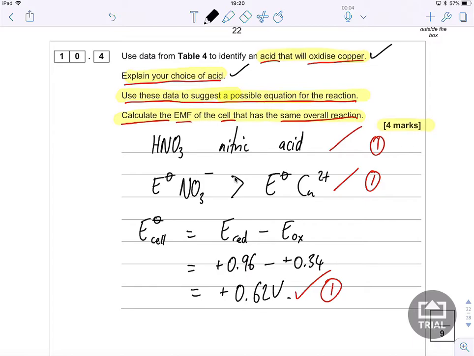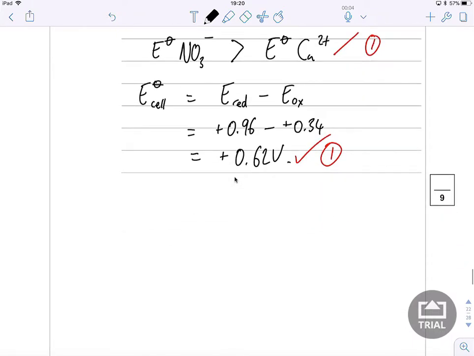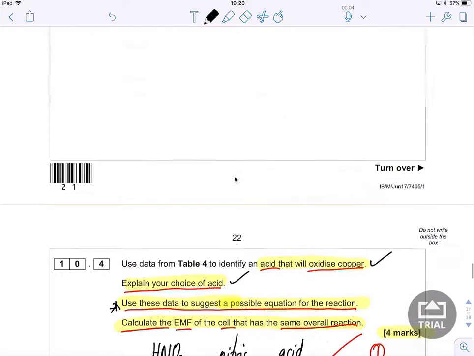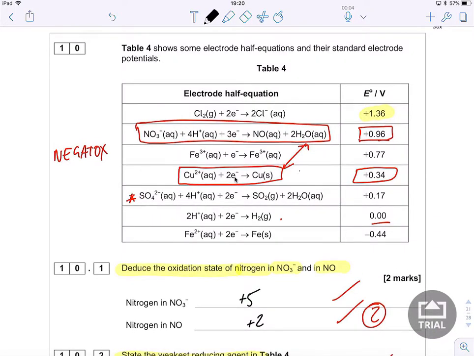Use these data to suggest a possible equation for the reaction. So what I need is my copper being oxidized. I'm going to write that the reverse way to the equation I've got in my table. All of the half equations, remember, are written showing reduction, gain of electrons.